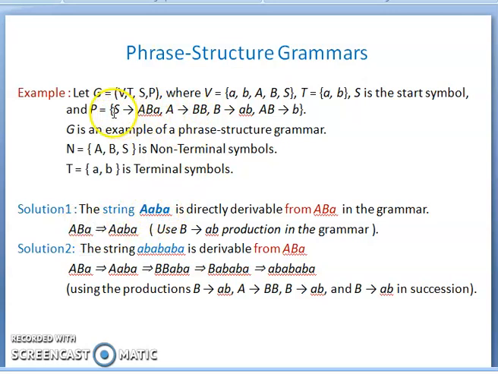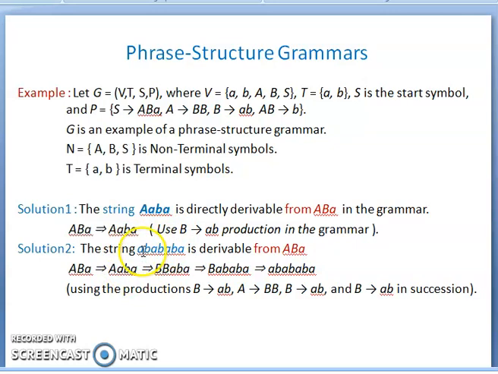Just check the corresponding production in the productions list. So this is the production list. Instead of capital B, you can substitute small ab. Finally, you will get capital A, small aba. This is the one string derived from this particular string.